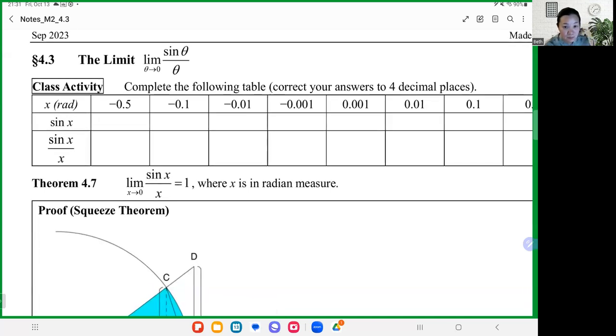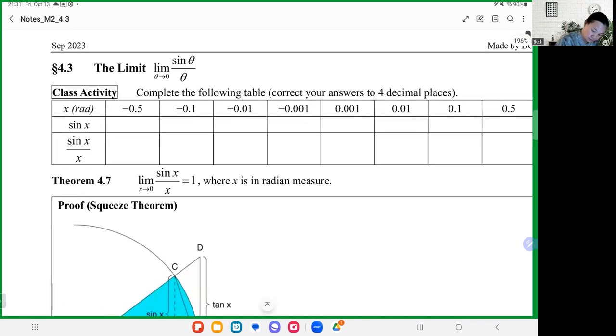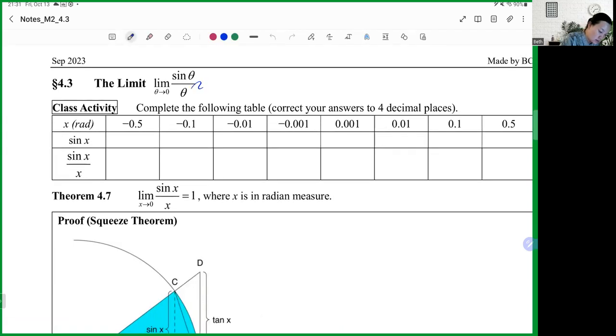We realize that the angle theta and the sine ratio of the angle are actually very close to each other when the angle is very small. Look here. We will test if they are really very close.